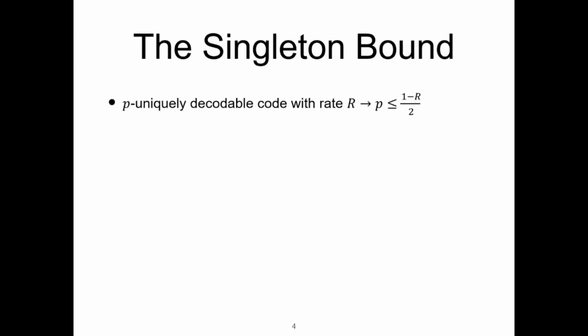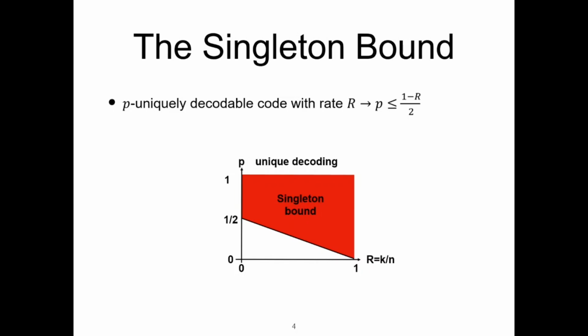It states that if the code is p-uniquely decodable with rate R, then p is at most half of 1 minus R. So this picture shows the Singleton bound. The red area is the set of parameters that are not feasible. In particular, p can never exceed 1/2 in unique decoding.